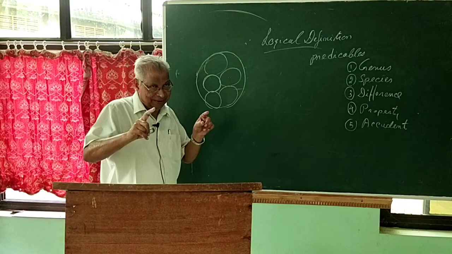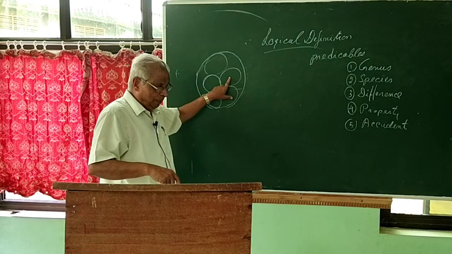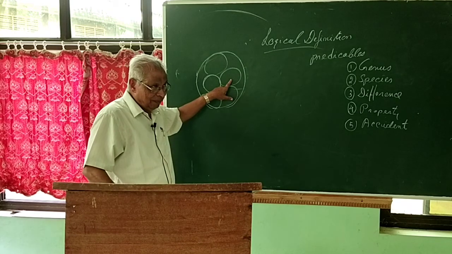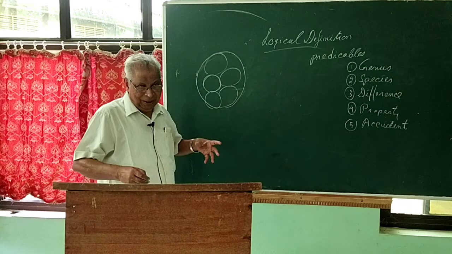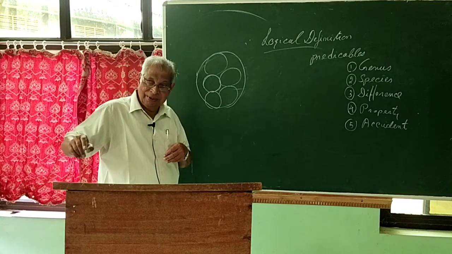That differing element, what differentiates human being from the non-human or the other animals, that is called the difference. What differentiates a subclass from other classes is called the difference.